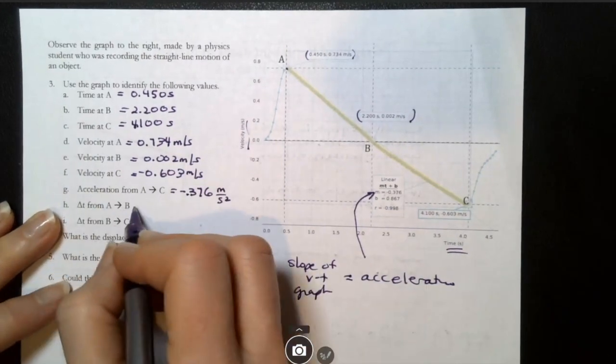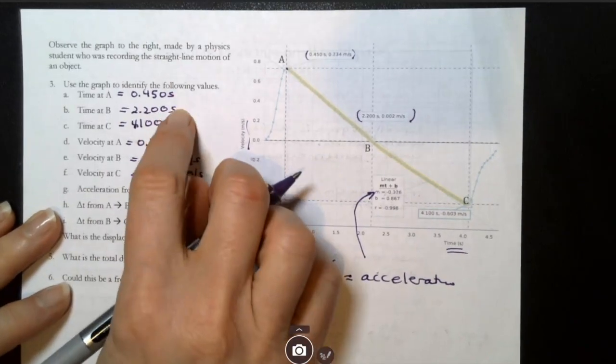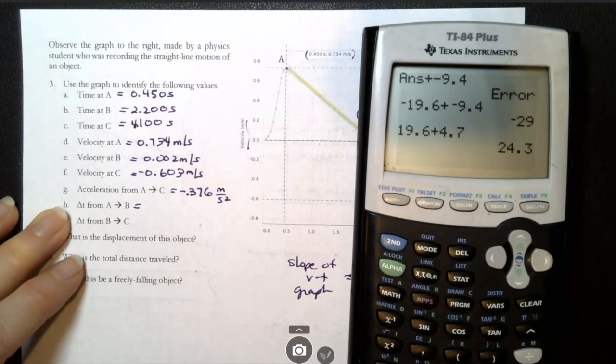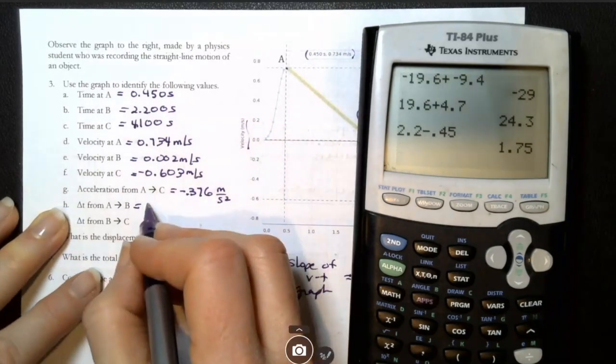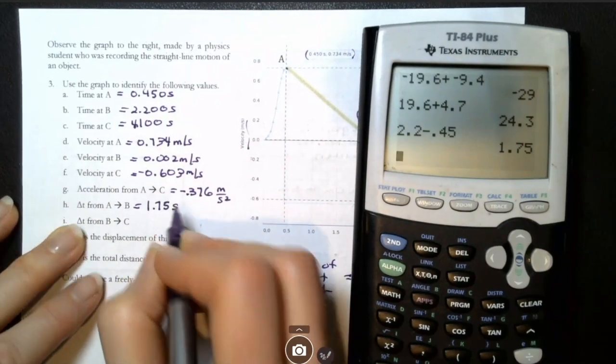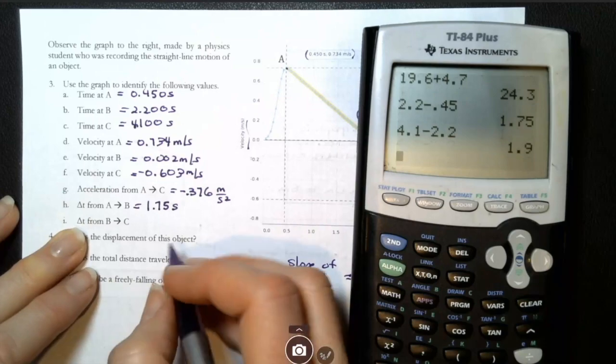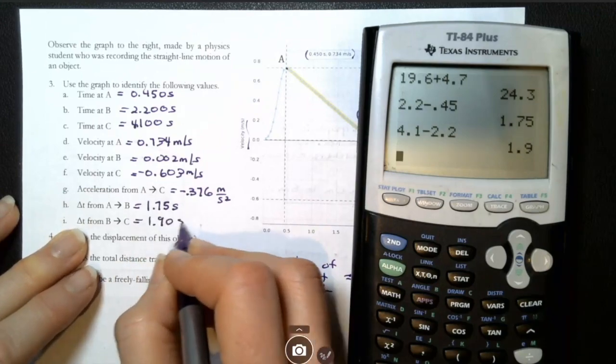The change in time from A to B, you can just calculate, it's going to be final minus initial, B minus A. So 2.2 minus 0.45, that's 1.75 seconds. And from B to C is 4.1 minus 2.2, which is 1.90 seconds.